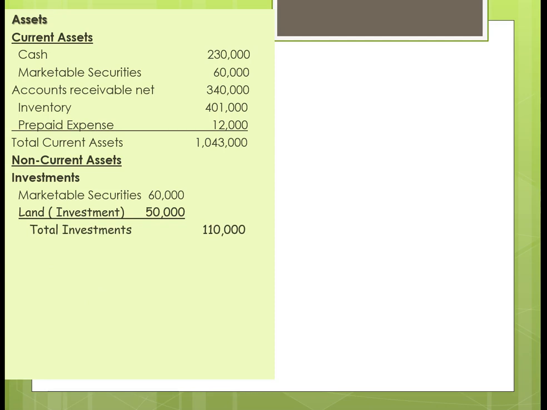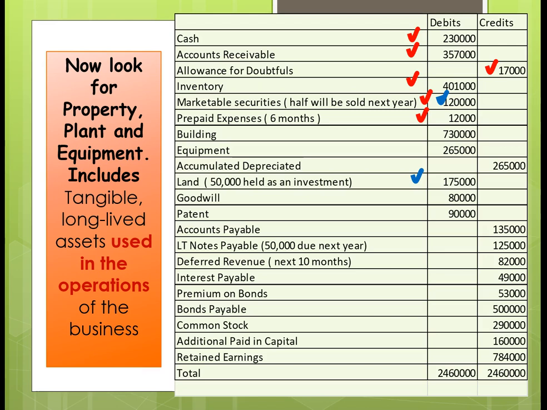Next, we're going to look at PP&E, or property, plant, and equipment. These are tangible assets that we use in the business. Okay? They're long-lived, greater than 1 year, and we would depreciate these, except for the land. So we're going to check these off.